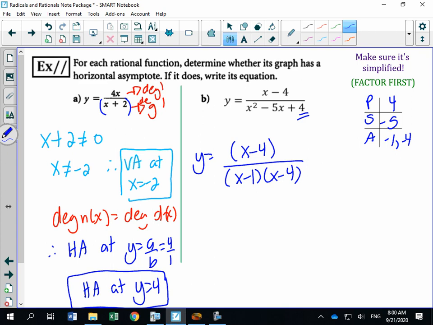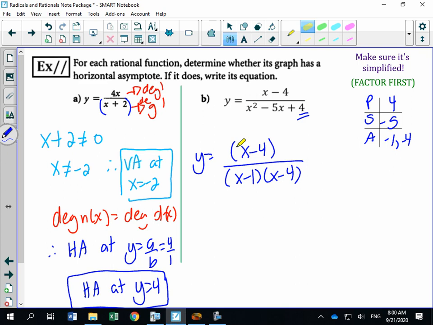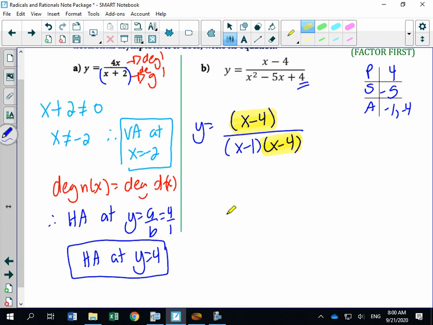Okay, so we have a lot of things happening here. From our last lesson, or part 1, you were taught that if you have a common factor, that is going to be a hole, right? So a common factor is going to be a hole. So let's take care of the hole first.